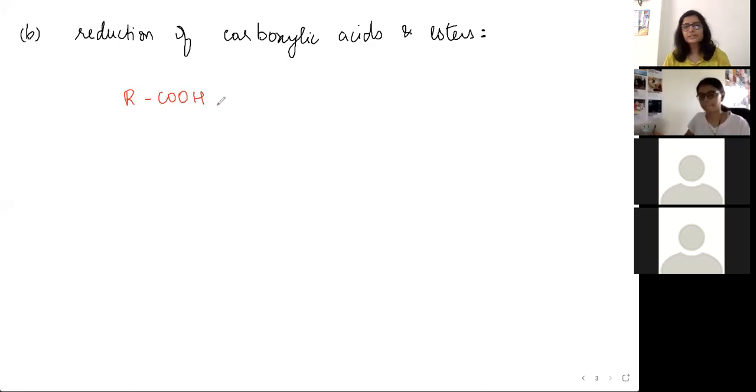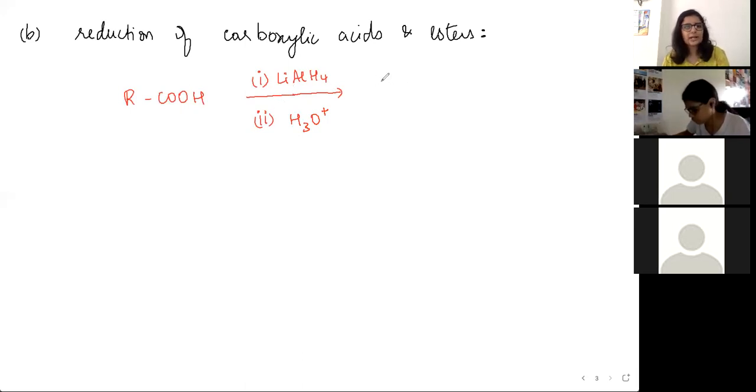So carboxylic acid, again, it's a double duty reduction. You have the C double bond O and you have the OH, right? So again, the reducing agent used for this would be a really powerful reducing agent. In this case also, you use LiAlH4 and hydrolyze it, in the presence of H3O plus.